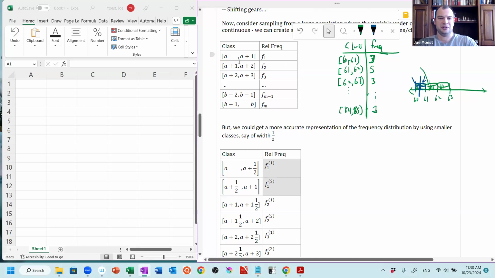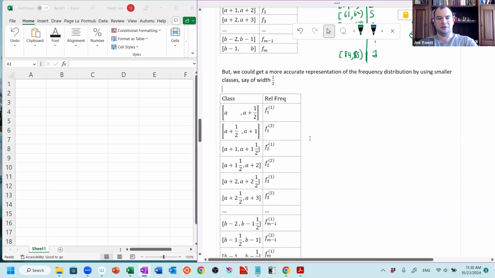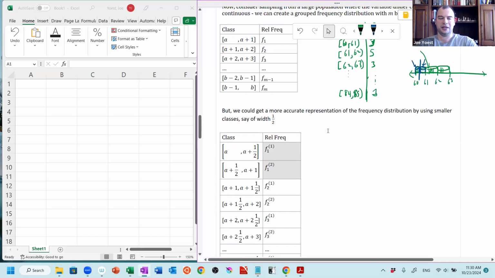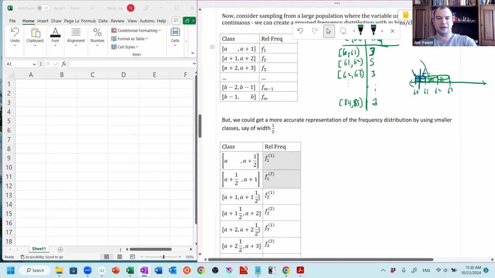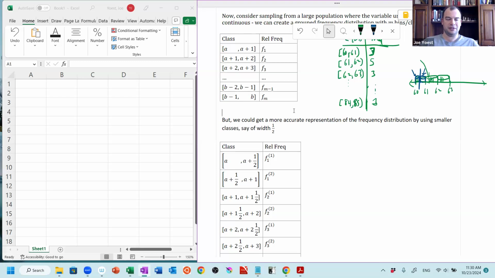I am using closed brackets on both sides here. We're not super worried about that. That becomes a less important point a little bit down the road. But here the idea is that F1 superscript 1 and F1 superscript 2 would add together to make F1. So F1 splits into these 2 frequencies, the one that's to the left of the midpoint of the previous bin, and the one that's to the right.